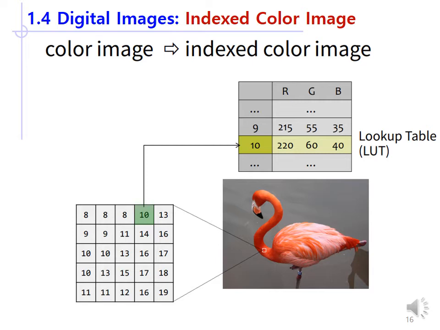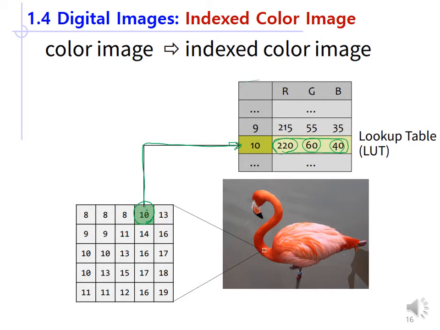For example, this pixel has index 10. So this pixel has index 10, and the 10 does not have RGB information. Instead, it is indexed to that color: 220, 60, 40. This is a reddish color.